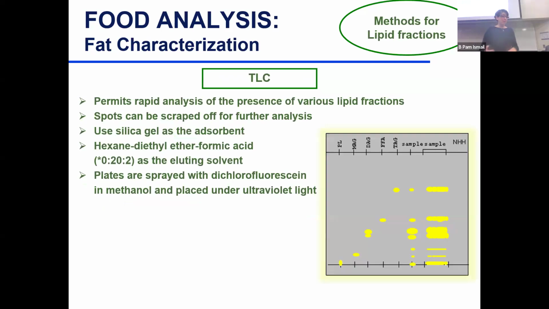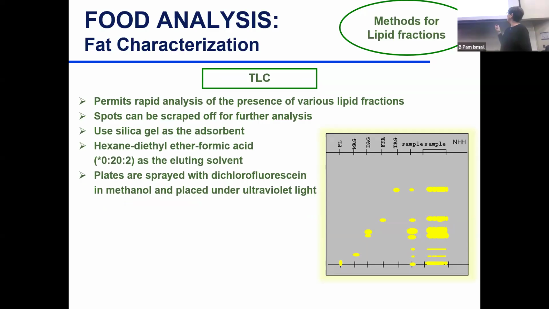This qualitative method, thin layer chromatography, if you are double majoring and did experimental nutrition, you would see that method. It differentiates phospholipids, monoacylglycerol, diacylglycerol, free fatty acid, triacylglycerol. It's just qualitative, to see what your sample had.